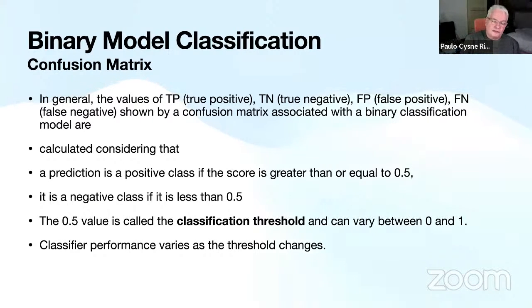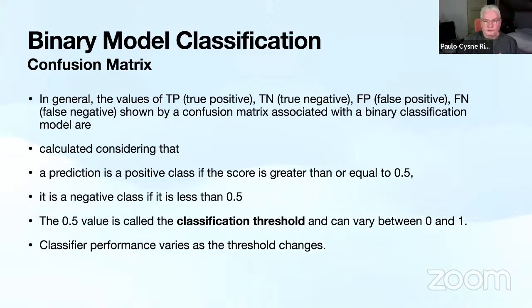So the classifier, the model performance varies as the thresholds change. And then there's the optimal threshold that you can have, and this optimal threshold depends on the data in each case, but I'll show you how to calculate it. It's the threshold that will give you the best precision recall trade-off that you're going to learn about, that gives you the best that your model can perform.